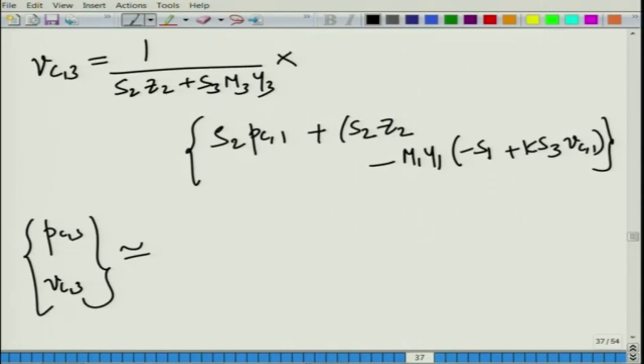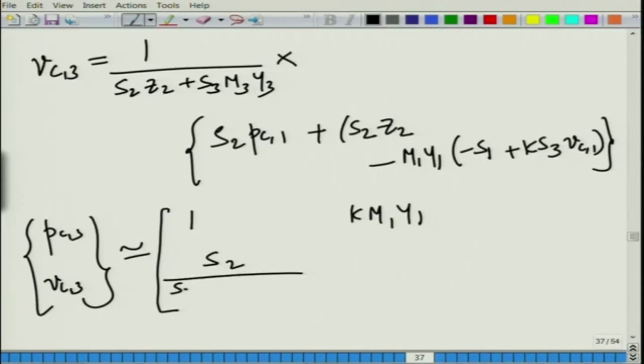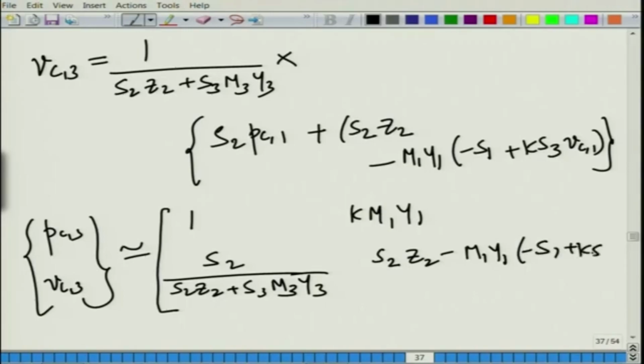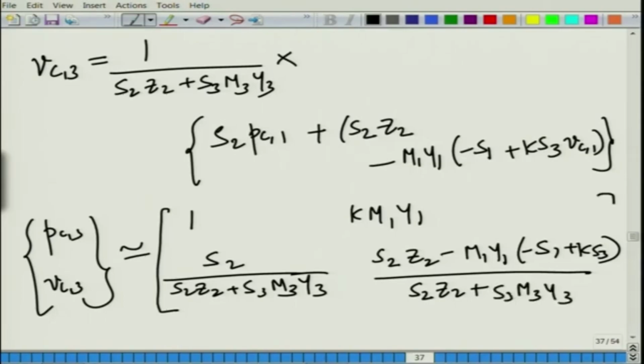Now, all these things can be further written in an approximate manner as K1 K M1 Y1, and here you will be having S2 and S2 Z2 plus S3 M3 Y3, and here you will be having S2 Z2 minus M1 Y1 and minus S1 K S3, and in the denominator you are having S3 M3 Y3, and this will eventually be related to VC1. This is a lot of algebra.